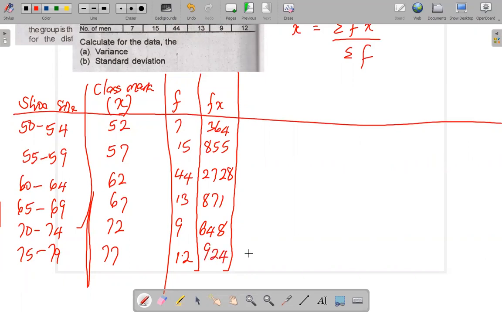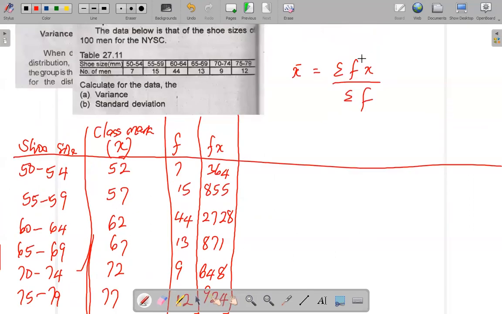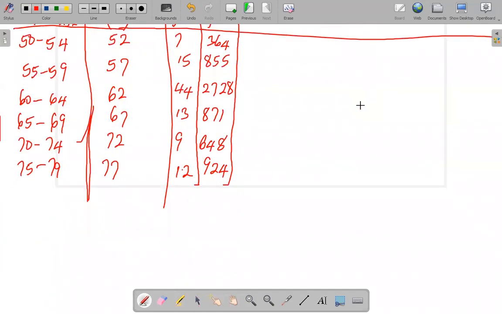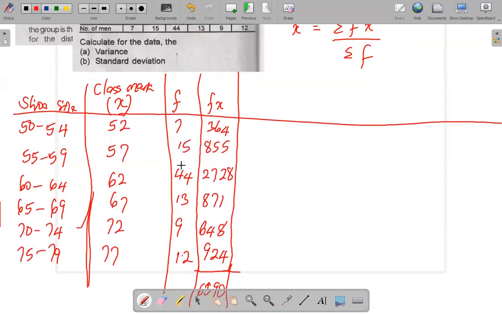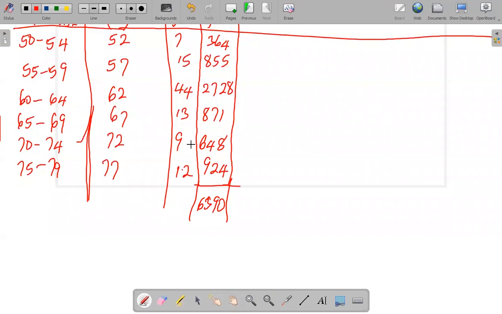To get the mean, we need the sum of FX and the sum of F, then divide. When we add up all the numbers in the FX column, we get 6,390. And when we add up all the frequencies in the frequency column, we have 100.